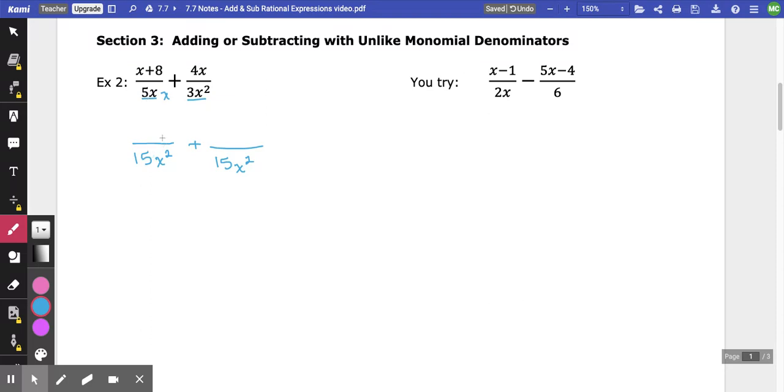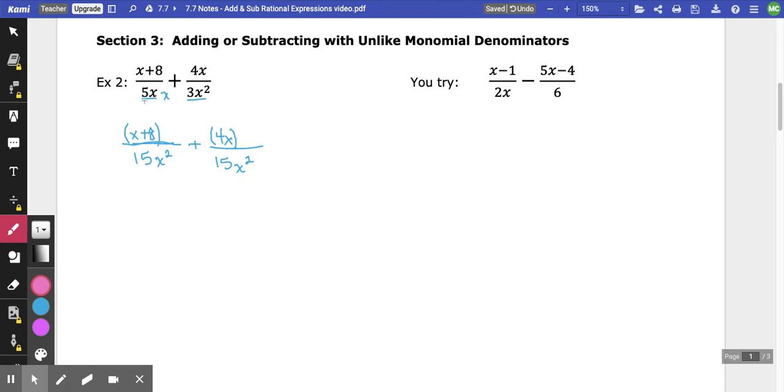So anything that I do to a denominator to change it, I have to do the same thing to the numerator of that fraction. So I'm going to make these fraction bars a little bit longer. I'm going to write down the original numerator in parentheses on both of them. And then we're going to figure out what we multiplied by the original denominator to create the new one.